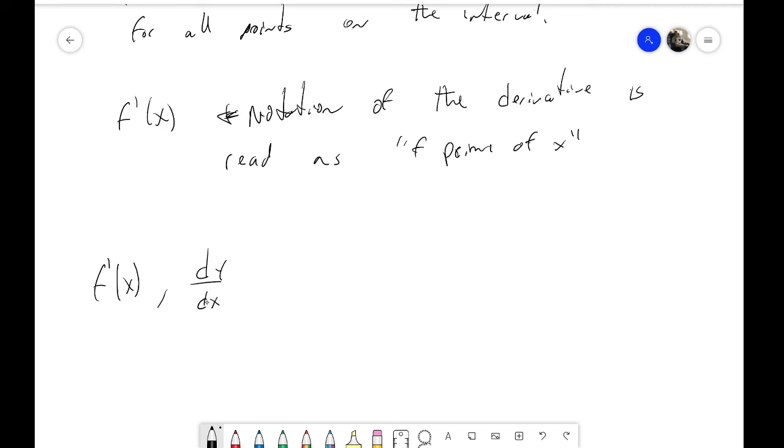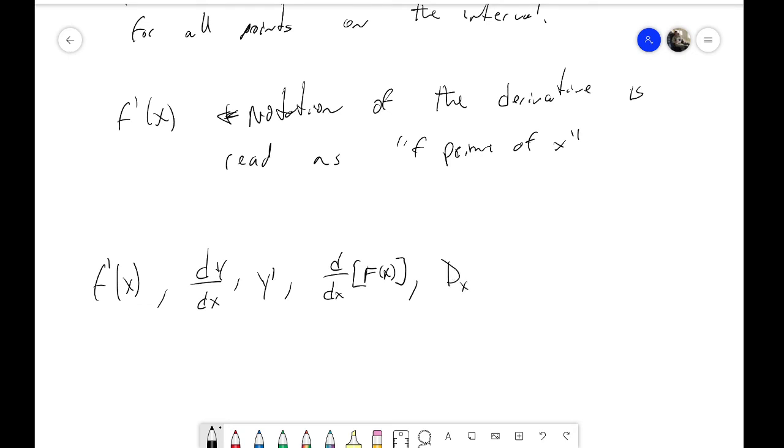This is very useful when you do differential equations and when you're taking partial derivatives as well, which we may speak a little bit about in the future. This is y prime. Notice that this looks like a 1, but it's not. That's a bit annoying. You'll get used to it though. d dx of f of x is another notation that you may see used a lot as well.